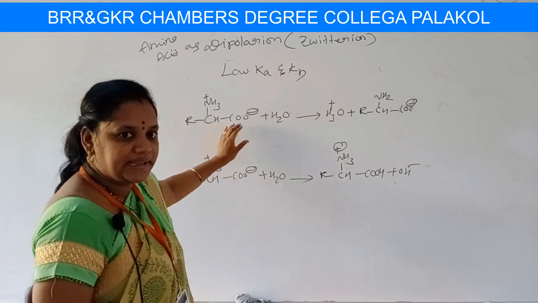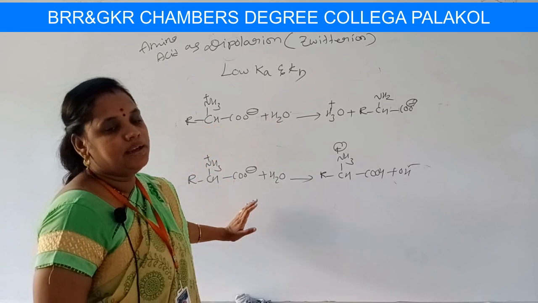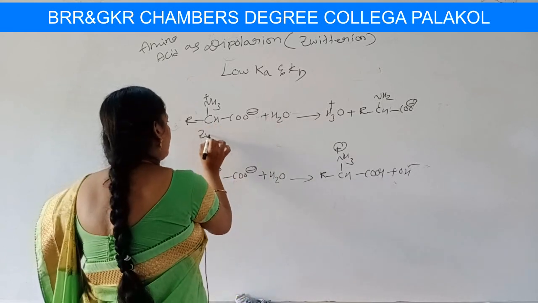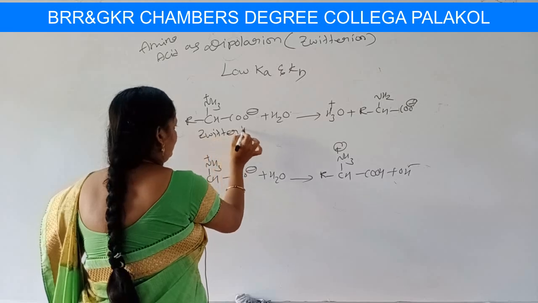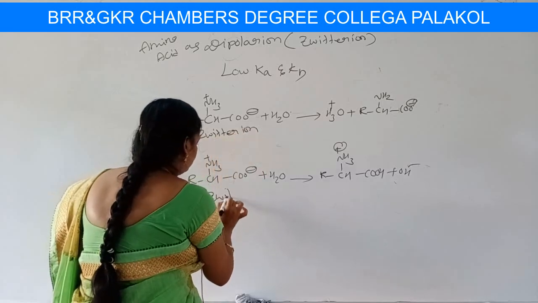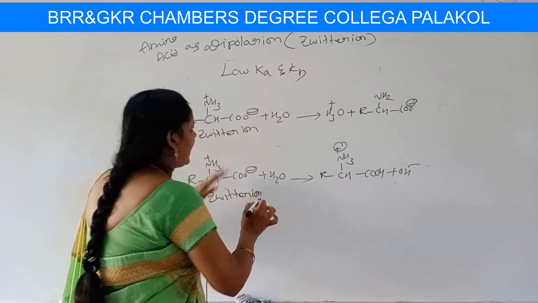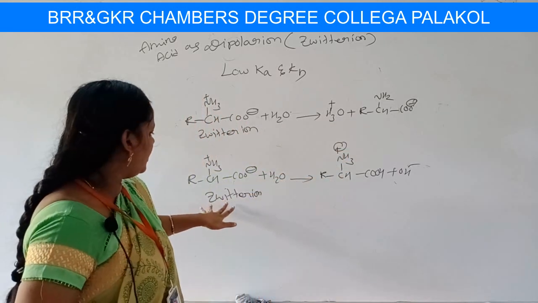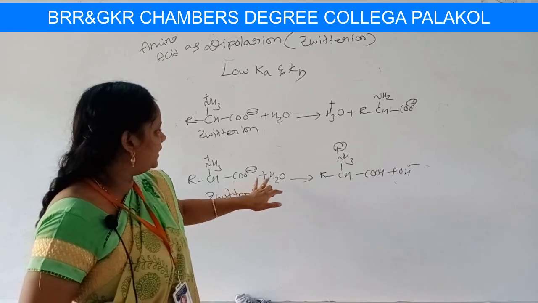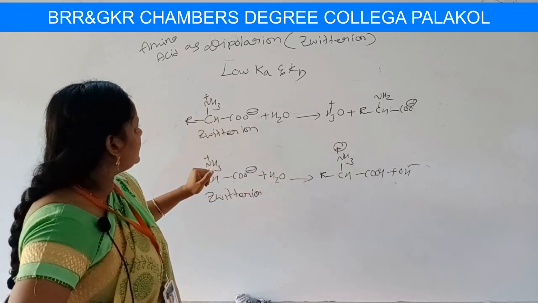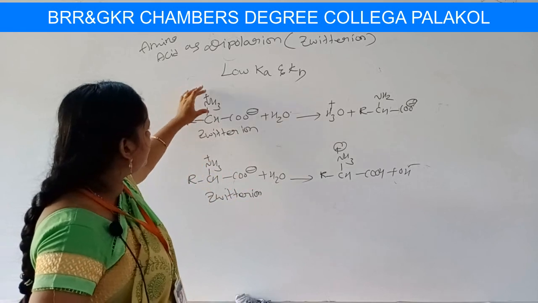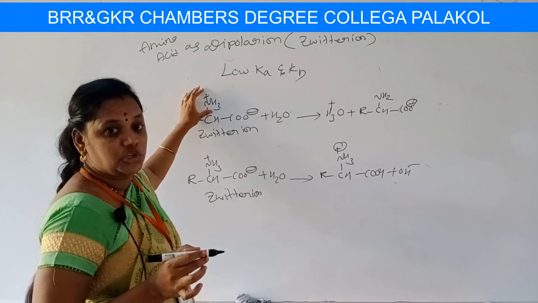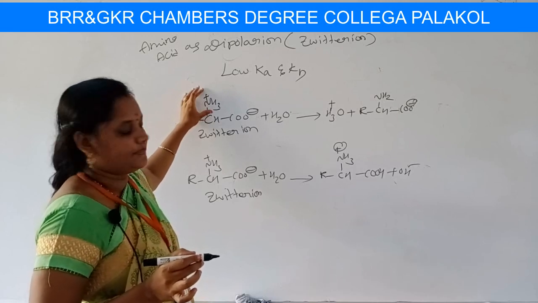Here we are calculating Ka value, here we are calculating Kb value. Students, you have to take zwitterion. Here also zwitterion. Okay, students, and add water to that. You got two products. Yes, here also you have taken zwitterion, added water to that. Here in this case, the reaction has taken place at NH3 plus, which shows acidic properties.